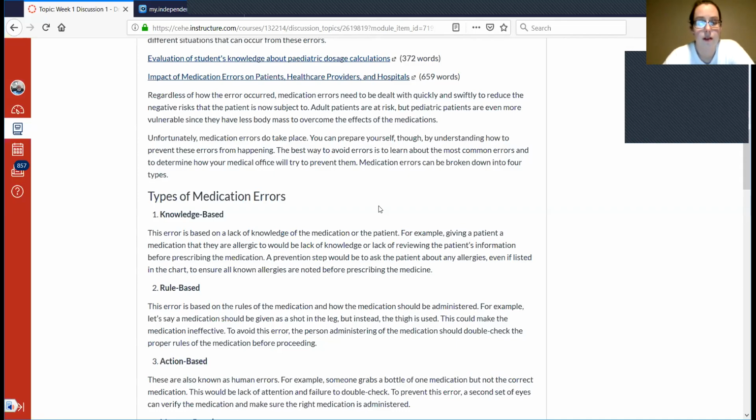And the patient needs to know what drugs they are taking because the patient has a role in this as well, which is to be informed about what their medical needs are, but also about what they're actually taking. You'll talk to people sometimes and say, what medications are you taking?